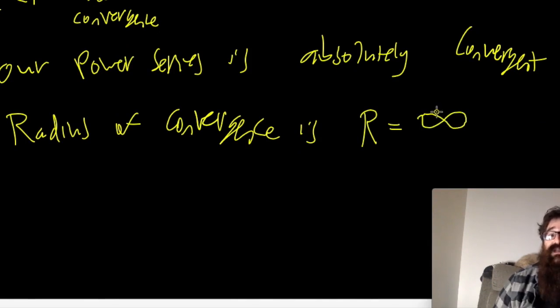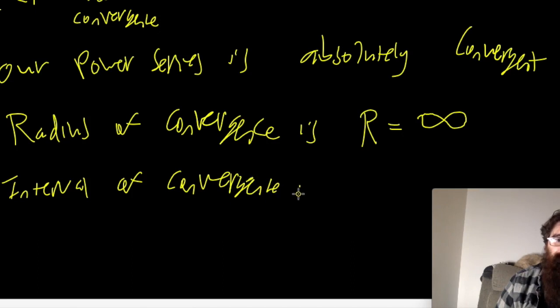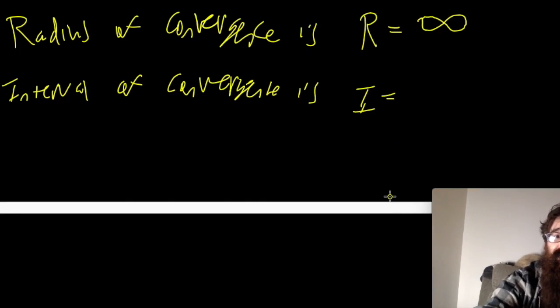It's convergent everywhere. The radius of convergence is infinite. So we have this absolute convergence with no qualifiers. Similarly, the interval of convergence, we'll do capital I, is from negative infinity to positive infinity.